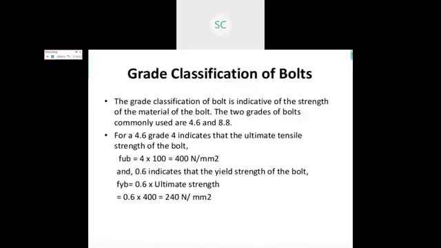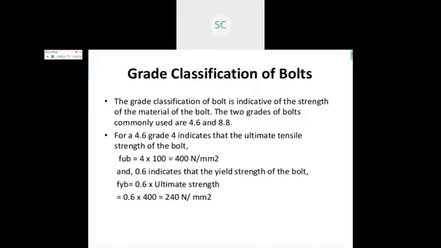The grade classification of bolt is indicative of the strength of material of the bolt. The two grades of bolt commonly used are 4.6 and 8.8. If you are given in a particular problem to use M20 4.6 grade bolt, what is M20?